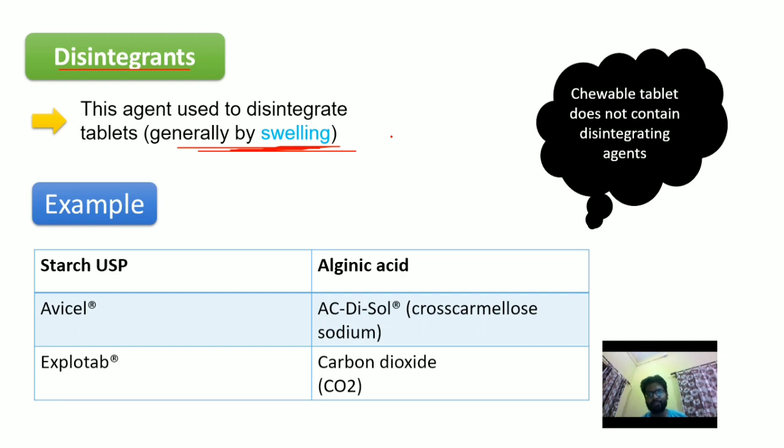Disintegrating agents generally absorb water, then burst, and then small fragments are produced. See, starch USP, alginic acid, Avicel, Ac-Di-Sol, Explotab, carbon dioxide, all these are used as disintegrating agents. One type of tablet is known as the chewable tablet. Chewable tablets do not contain a disintegrating agent in their formulation.